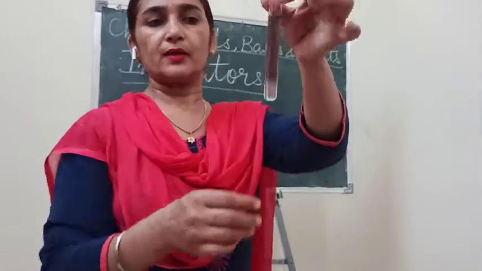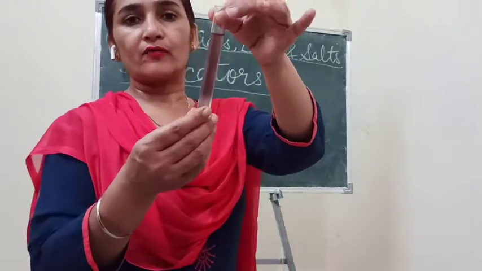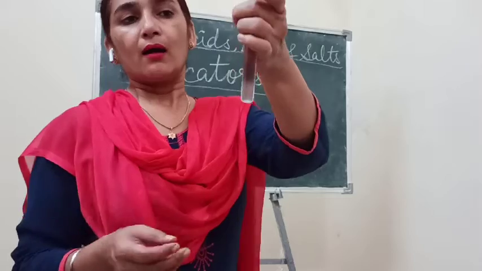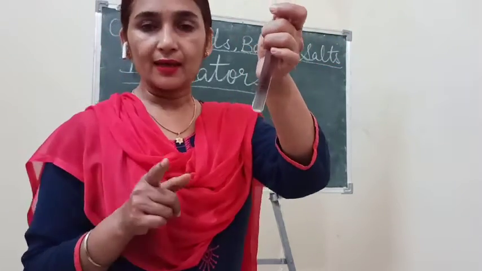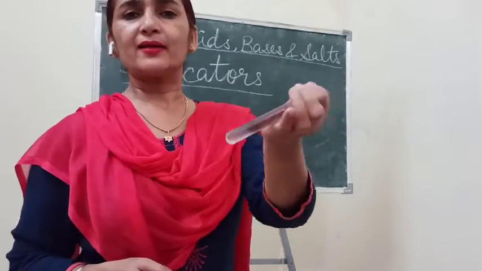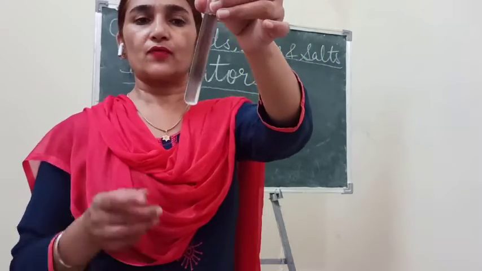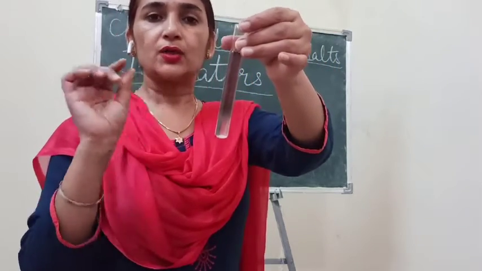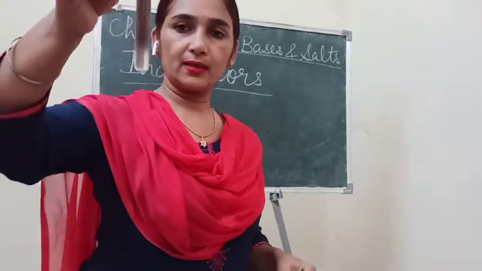Now you see it is not pink, it is violet color. Sometimes it gives green color and sometimes it gives violet color, light green or violet. Okay, so its color changes from violet to green. Sometimes it gives green or sometimes violet color.